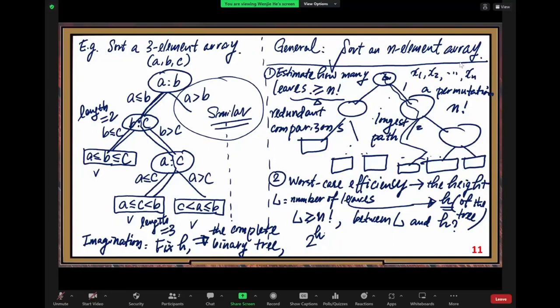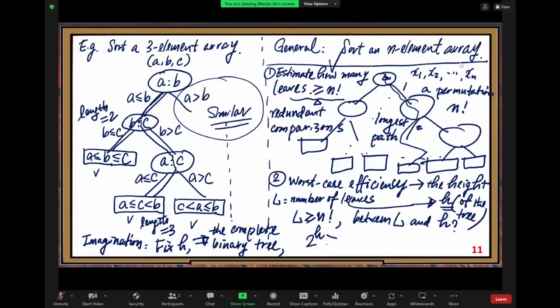Then you have one more level, 2 to the first. Another level, 2 to the second, height equals 2, and so on. So when the height equals h, the number of leaves is 2 to the h.